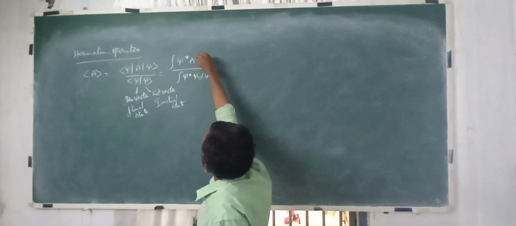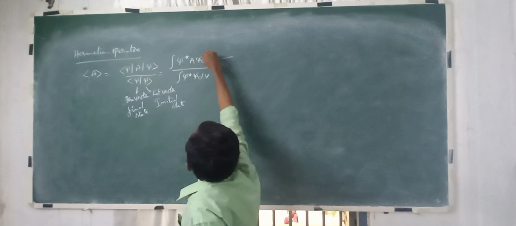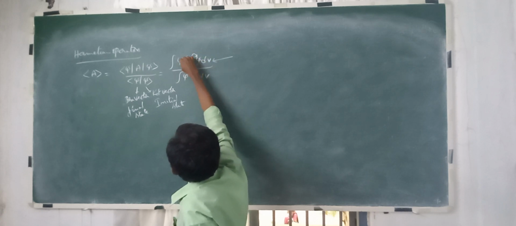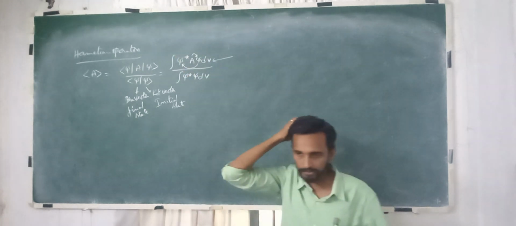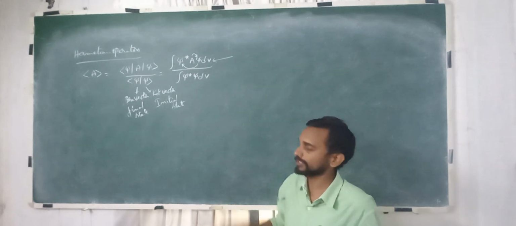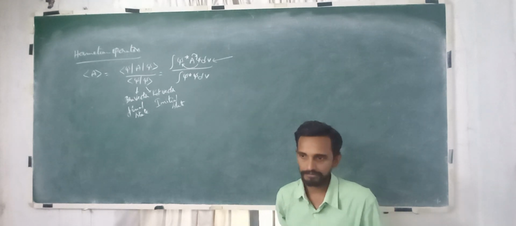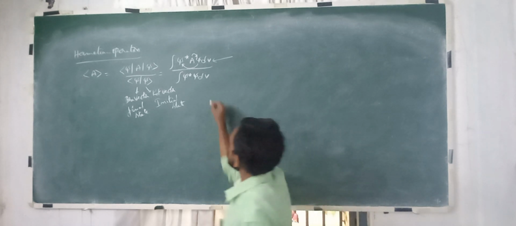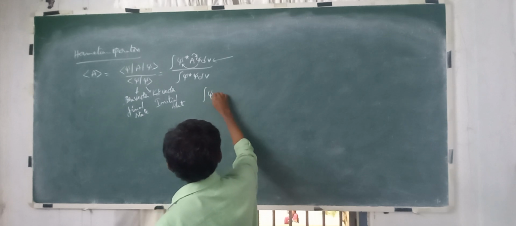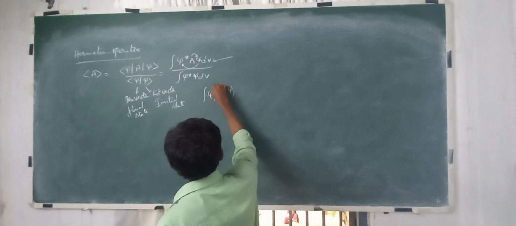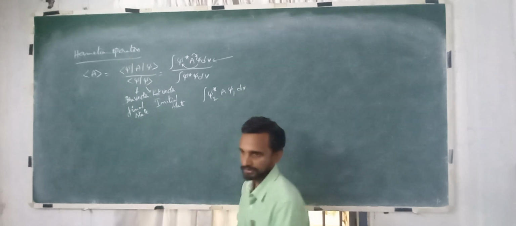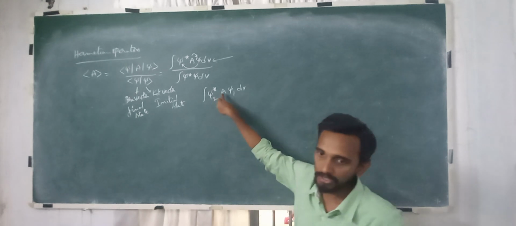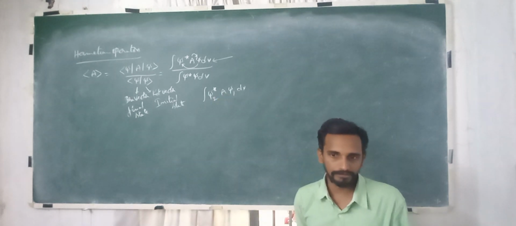So this integral gives you the probability of transition from state 1 to state 2 upon the operation A. So let's say if you are writing this as this, this equation gives you the probability of transition from psi 1 to psi 2 upon the operation A.